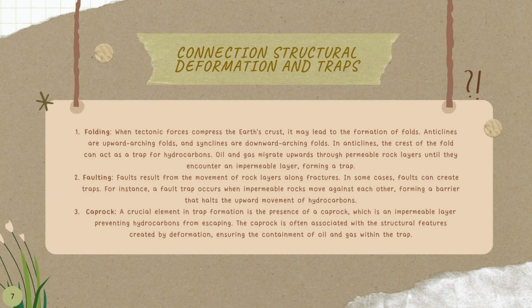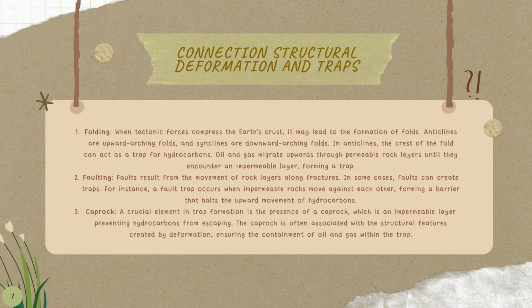In an anticline, the crest of the fold can act as a trap for hydrocarbon. Oil and gas migrate upwards through permeable rock layers until they encounter an impermeable layer, forming a trap.